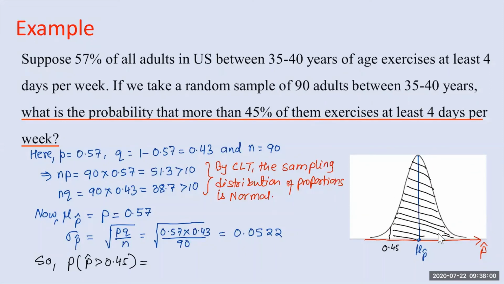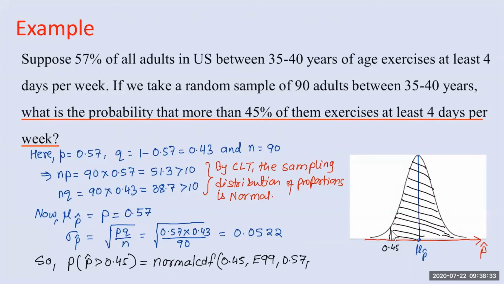Now, if you want to find the area under the normal curve, or the probability, we use normal CDF. So make sure you write this down. Normal CDF in your TI-84 calculator. The lower limit for the area is 0.45. Upper limit, you can see the area extends all the way to infinity, which is E99. The mean for this distribution is 0.57.